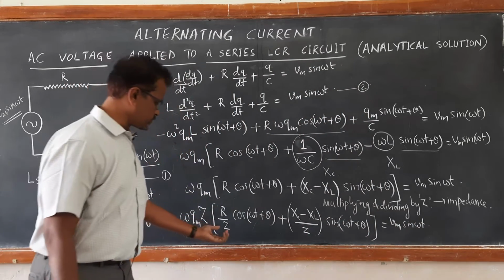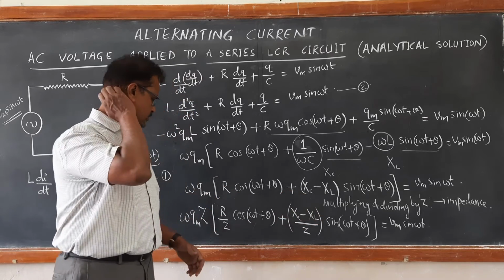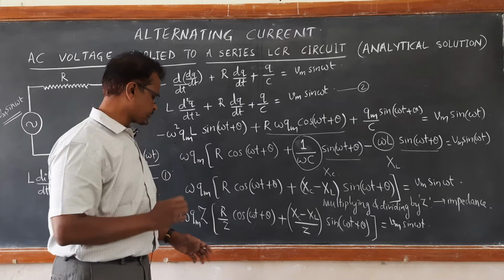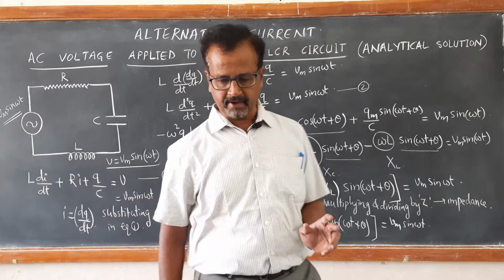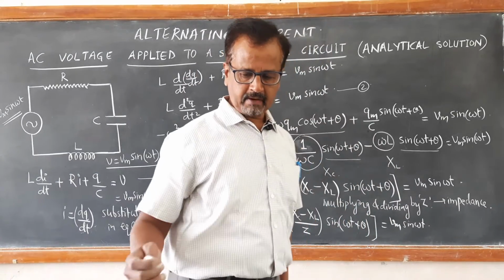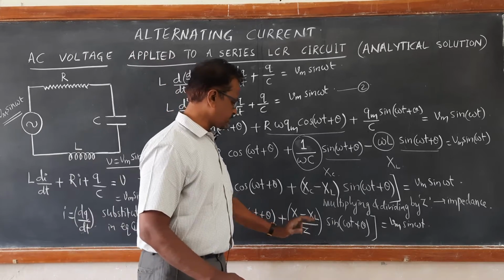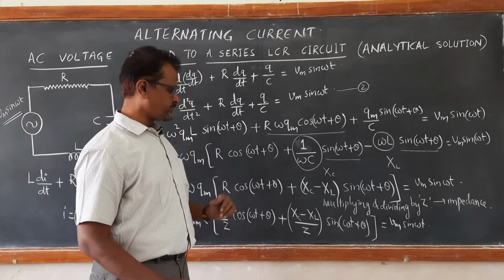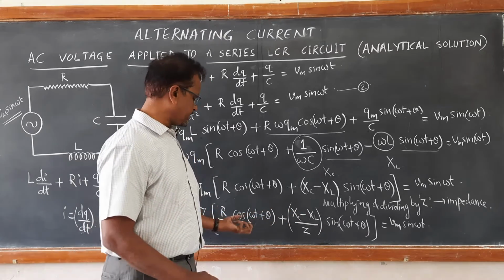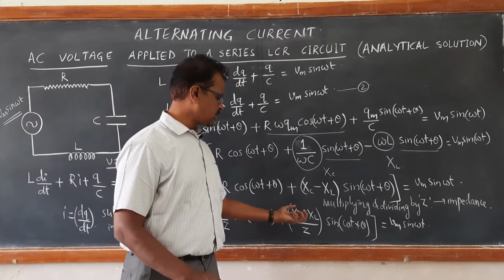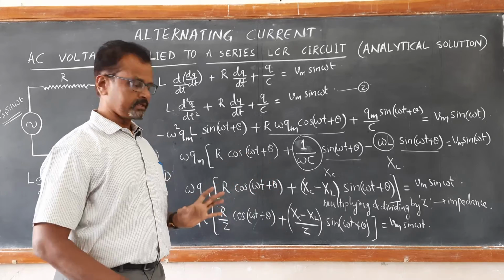Now we will find the solution for this, like sin A cos B plus cos A sin B. Let us assume that R by Z is equal to cos phi and (XC minus XL) by Z is equal to sin phi, so that we can use the trigonometric identity cos A cos B plus sin A sin B is equal to cos(A minus B).